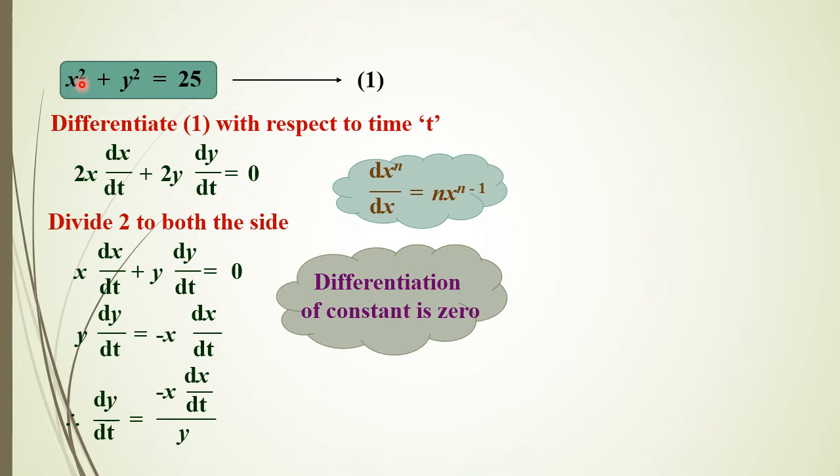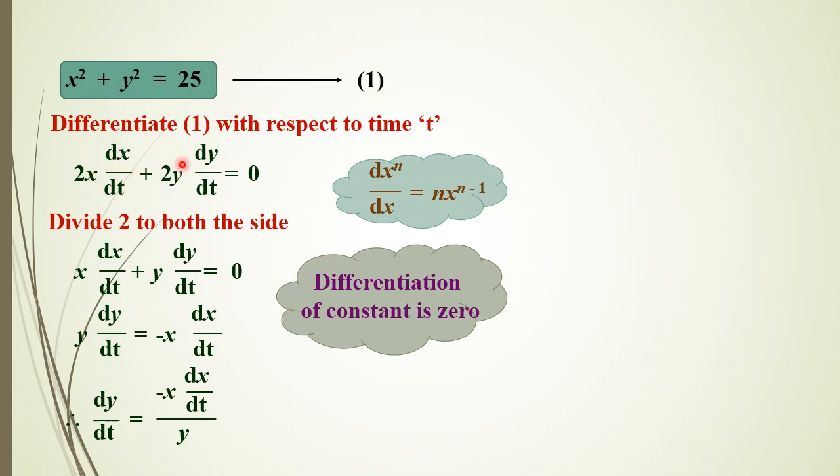We know very well the values of x as well as y. Then differentiate this Pythagoras theorem, x square plus y square equal to 25, with respect to time. Therefore, the differentiation of x square is 2x into dx divided by dt.